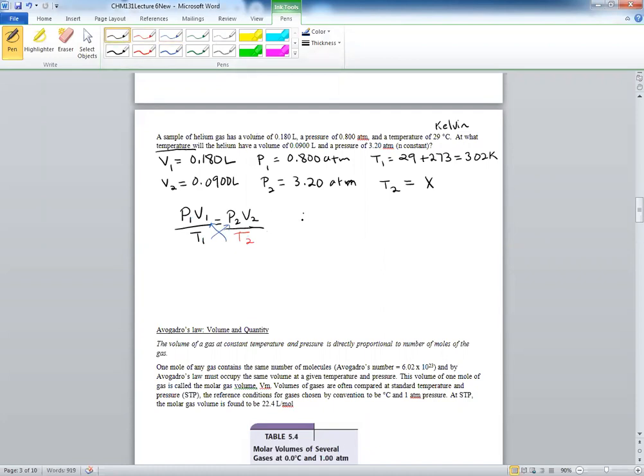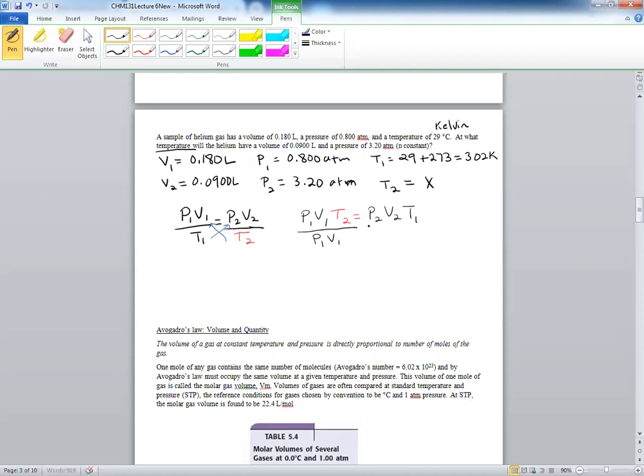So it's going to be P1 V1 T2 equals P2 V2 T1. Now, what are we solving for? We're solving for T2, so we divide each side by P1 V1.